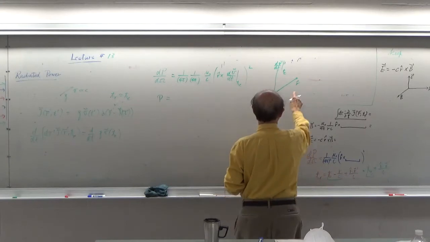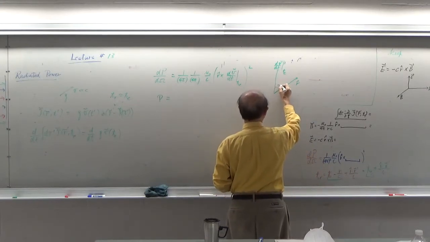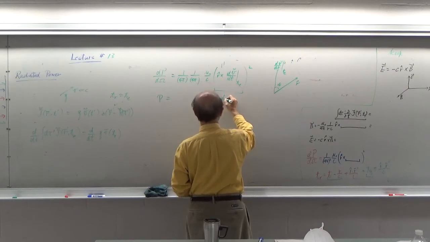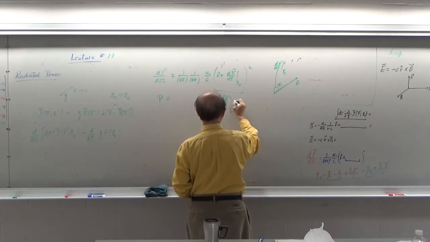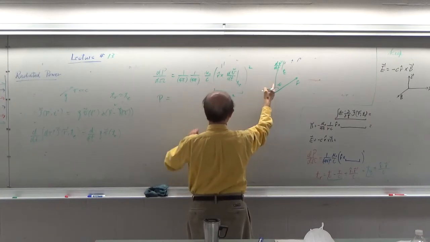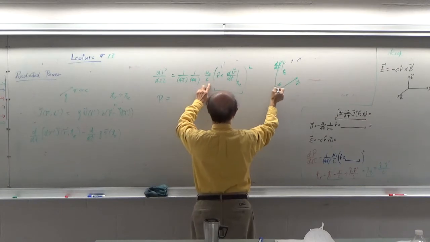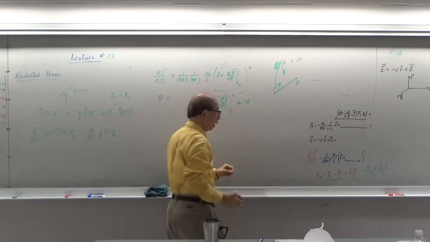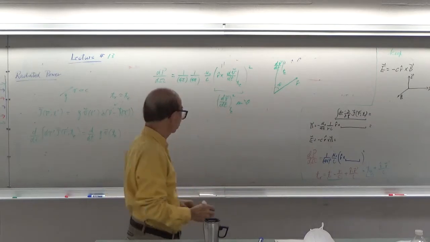The angle between r hat and this, let me call it theta. So this is nothing but dv/dt evaluated at the time of emission squared, times sin squared of this angle theta.